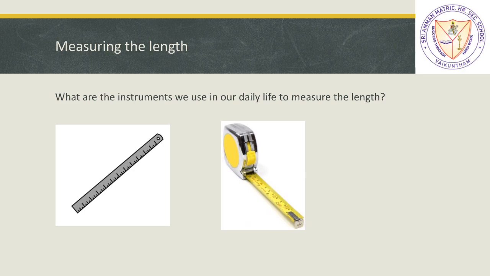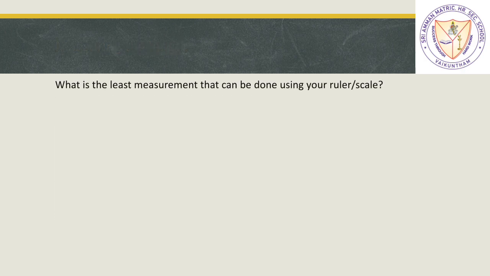Take an example of your ruler. What is the least measurement you can do using your ruler or scale? For example, you will be using in your classrooms a 15 centimeter scale. Take the same scale and see what is the least measurement you can do.